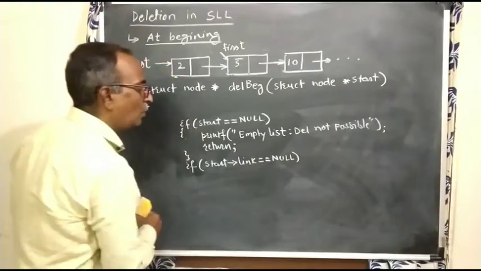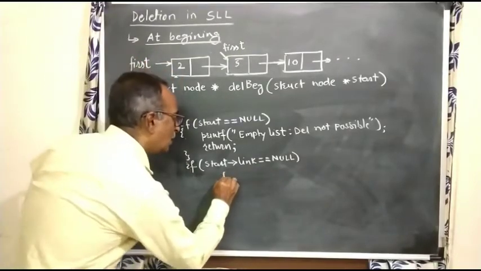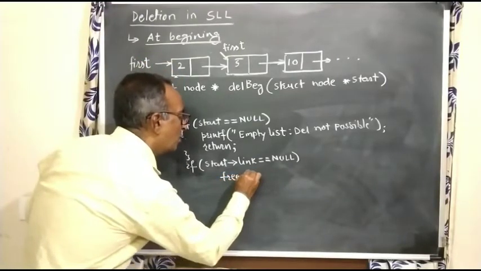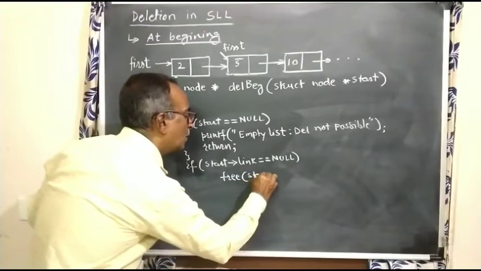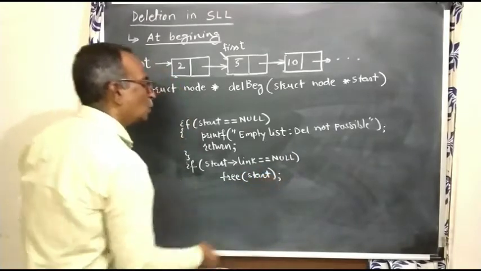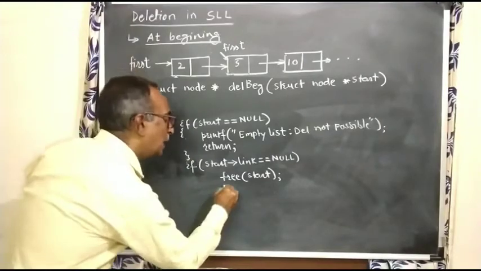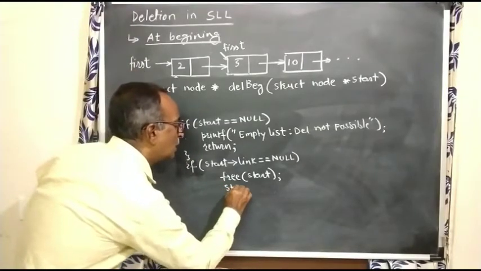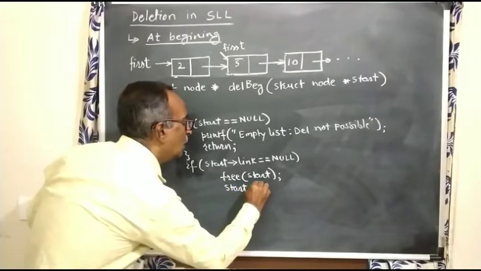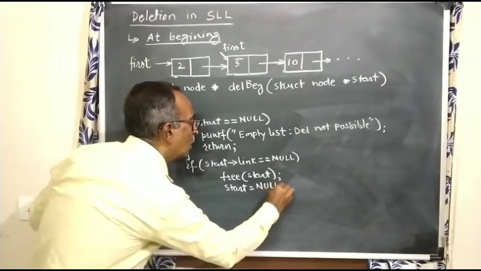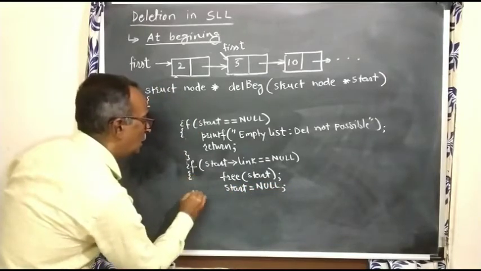So what you can do here is directly write free memory pointed to by start, so that memory goes back to the free pool, and then you can set start as null. So this is done.